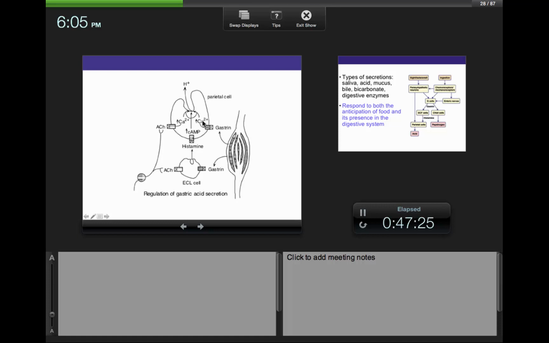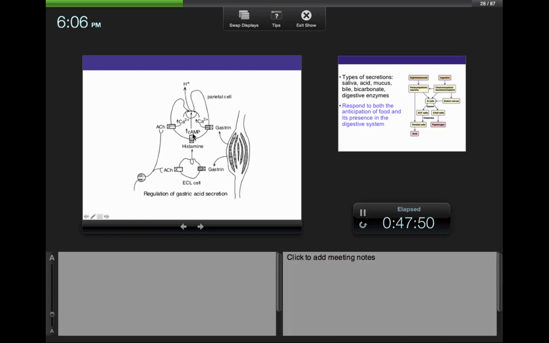Both of those individually have effects on increasing acid production and secretion into the lumen of the stomach. But then when you start ramping up the system, you start eating more and more food, acetylcholine and gastrin also trigger the nearby ECL cells to secrete histamine.